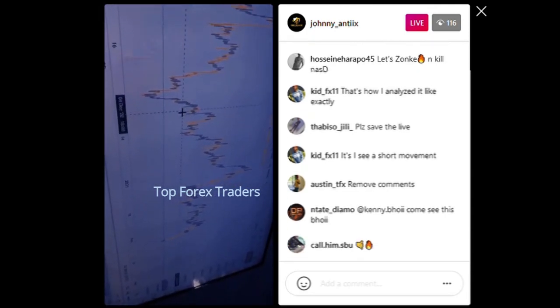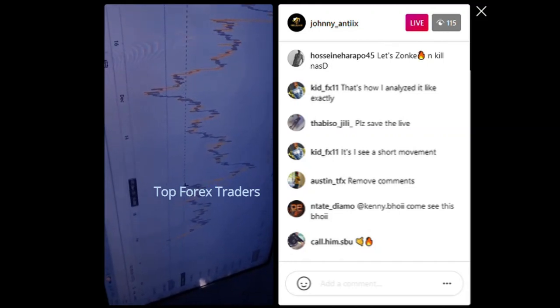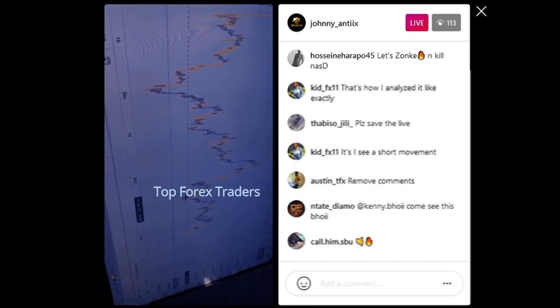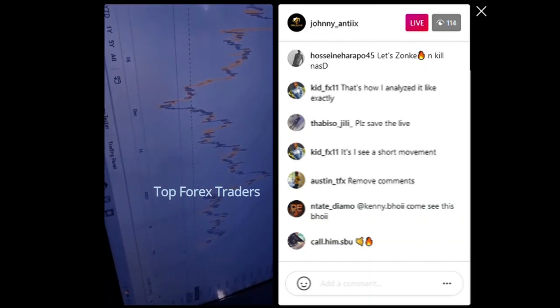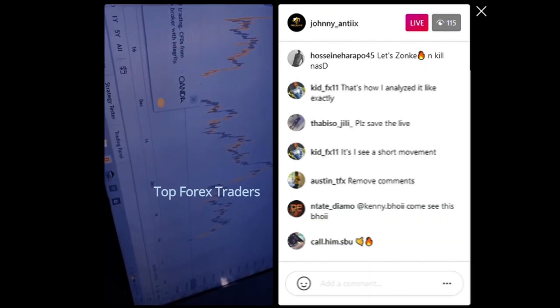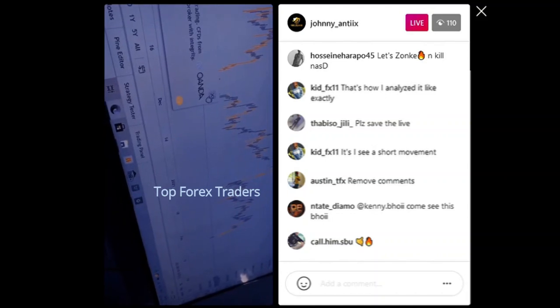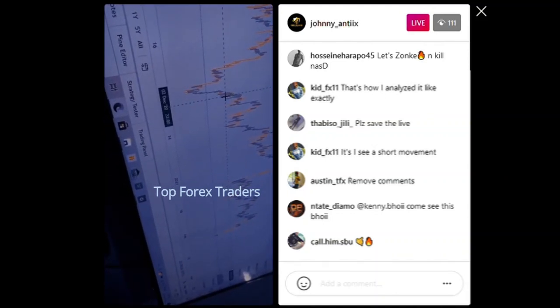Like I said, we have a point on this level. We have another point on this level. We have another point on this level, another one here, right? So what do you do? This is now a point whereby you can create your zone, right? Now you can create your zone from this point.